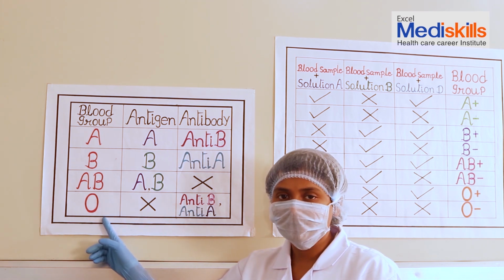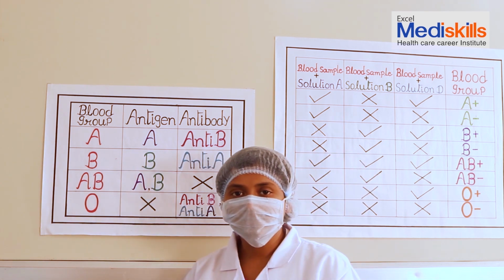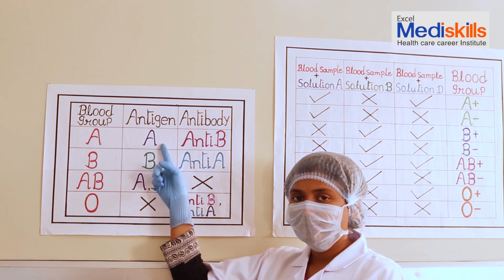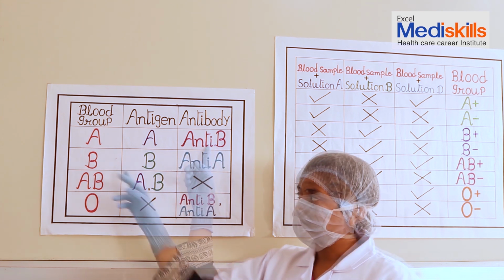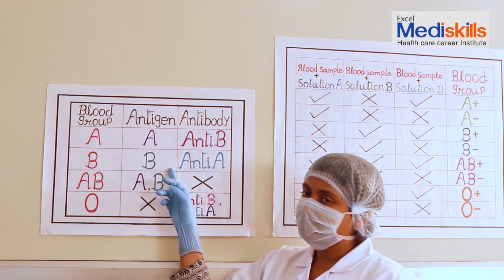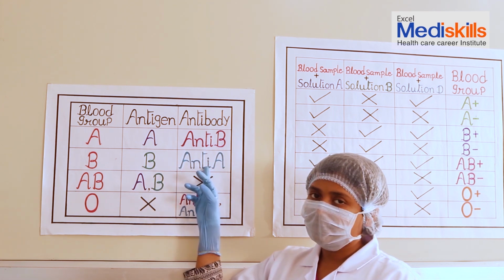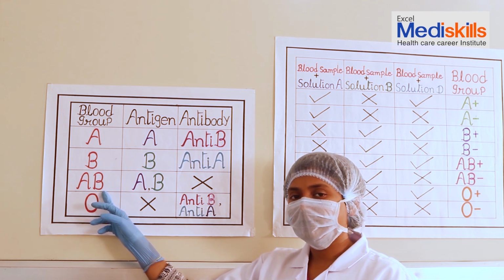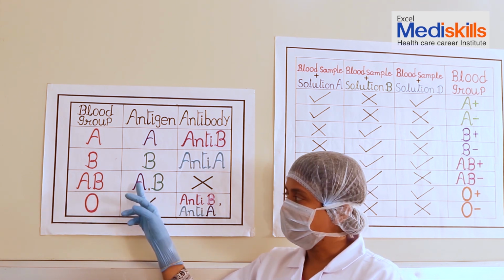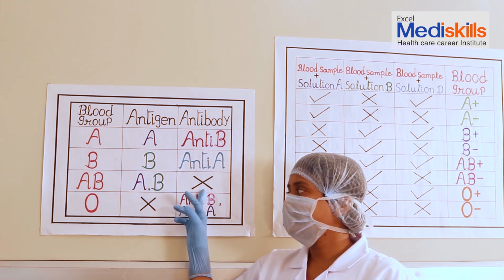First, for A blood group, the antigen that is present is antigen A, and the antibody is just the opposite, that is antibody B. Next, for B blood group, antigen is antigen B, but antibody will be antibody A. For AB blood group, both the antigens are present, that is both A and B, but in this case, no antibody is present.